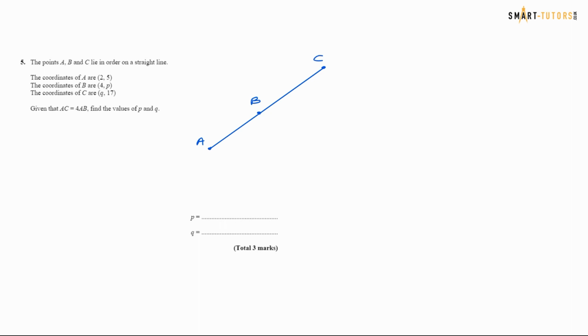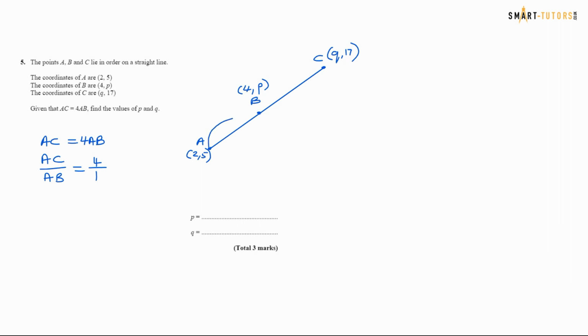And the coordinate of A is 2, 5, and the coordinate of B is 4, P, and the coordinate of C is Q, 17. So now they have given a ratio AC equals 4AB, which means AC divided by AB equals 4:1.